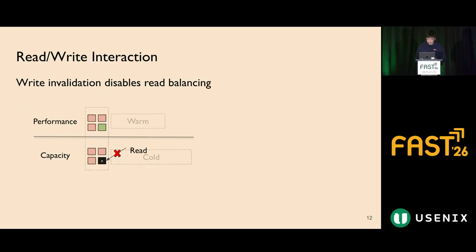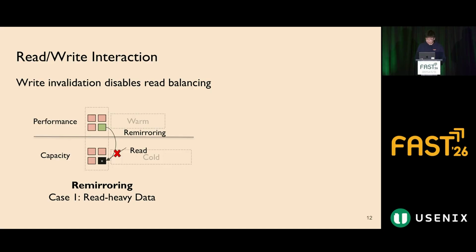Write invalidation will disable rebalancing for the same data, because all the subsequent reads can only be sent to the valid copy. If you see the bottom diagram, one of the copies is invalidated, and all the next reads can only be sent to the valid copy. Therefore, in the long term, the system will gradually lose the ability to balance reads. Let's see how MOST addresses this problem in two different scenarios.